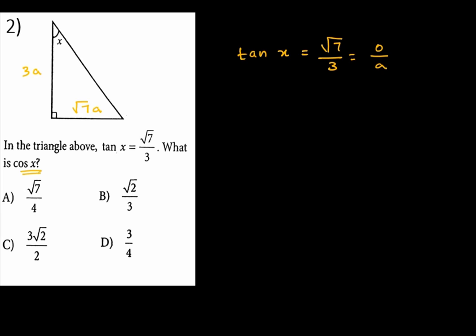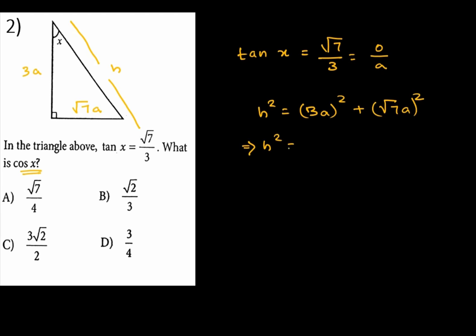Now, what is cos of angle x? In order to find cos of angle x, you need to know what the hypotenuse is. As the two sides are in terms of a, I can find the third side in terms of a. So let this be h. So I can say h square will be equal to 3a whole square plus root 7a whole square.